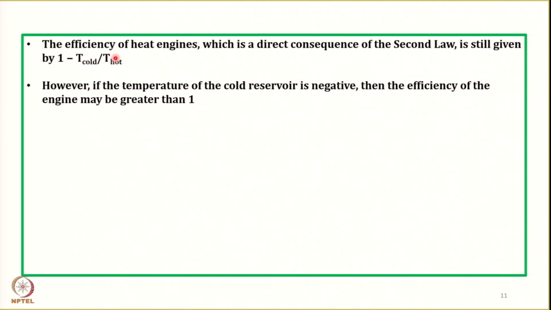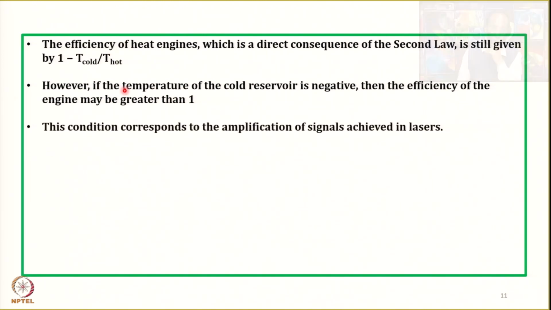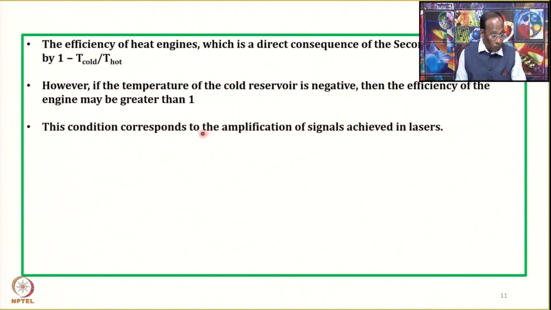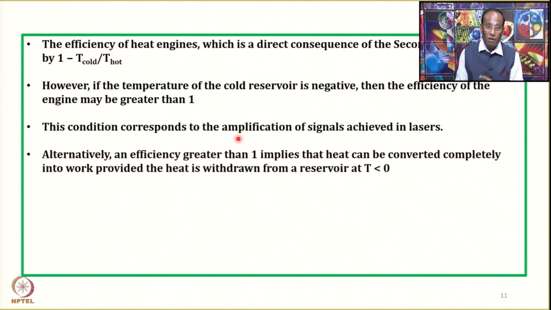Then the efficiency of the engine may be greater than 1 if we talk about the negative temperature. This condition corresponds to amplification of signals achieved in lasers. As I said, this advanced level you will study later on.